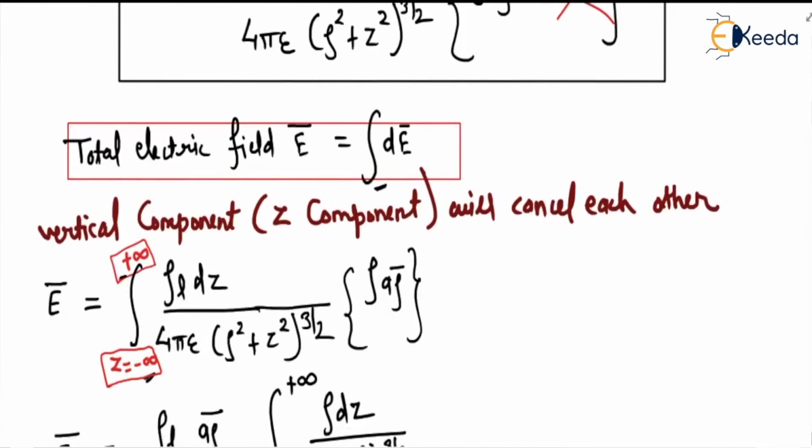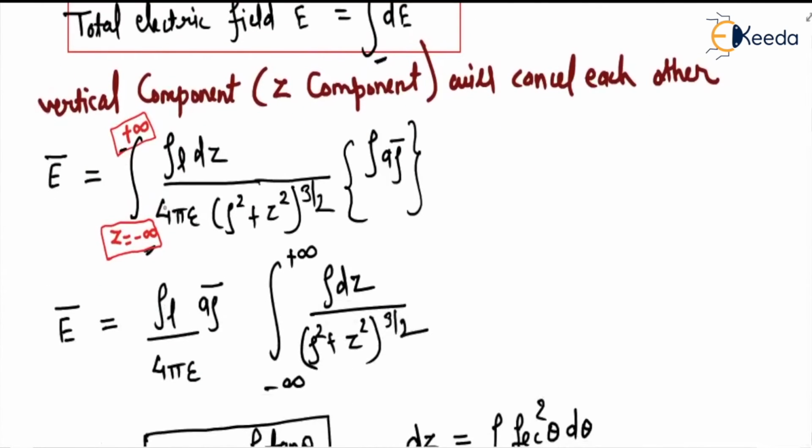Whatever is constant, we will take outside the integration. So rho L upon 4 pi epsilon, a rho outside, integration from minus infinity to infinity of rho dz upon rho square plus z square to the power of 3 by 2.